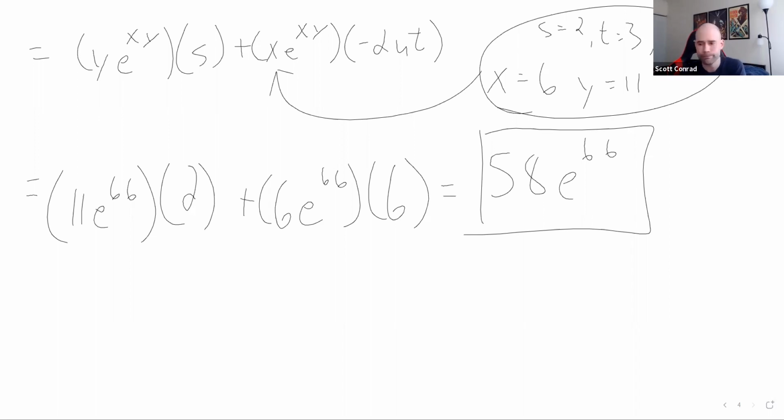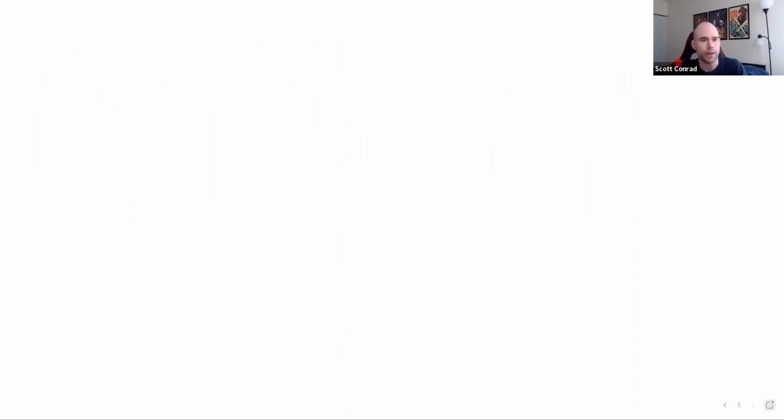Okay, so that's pretty much every chain rule problem. Let's use the chain rule to get some nice formulas for implicit differentiation.